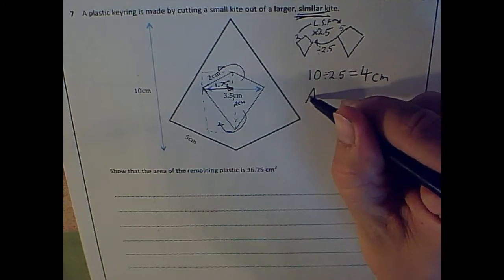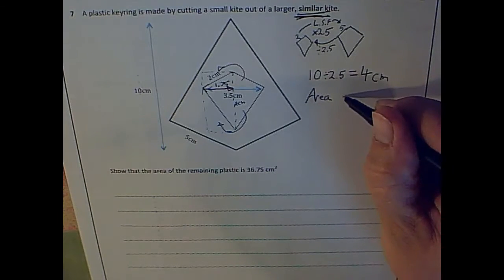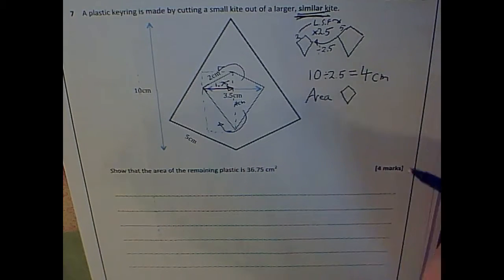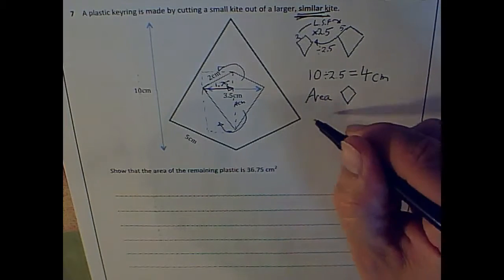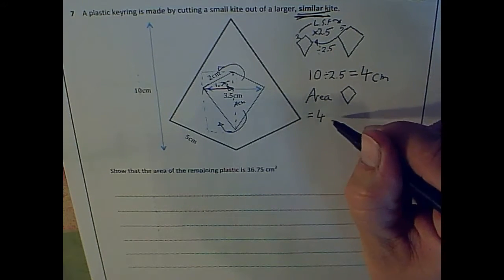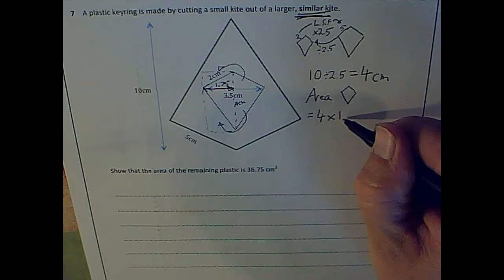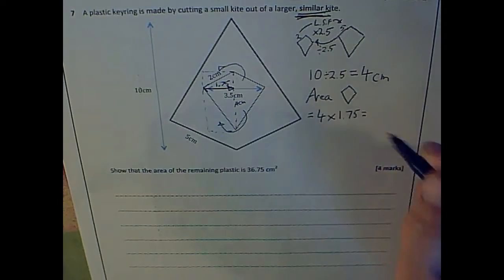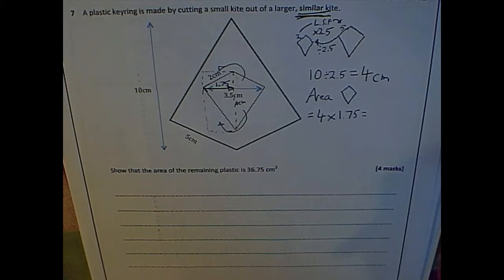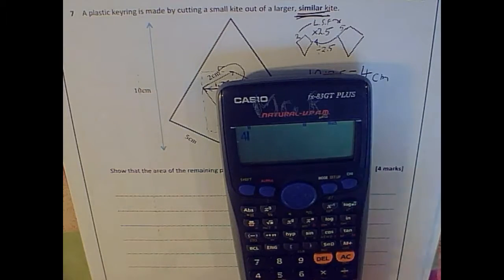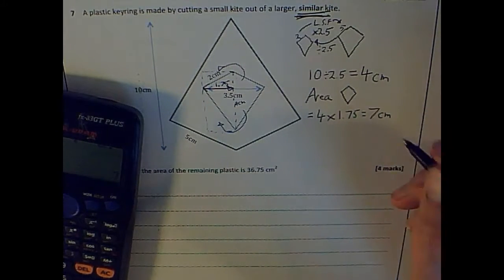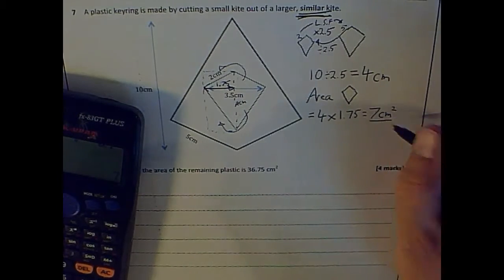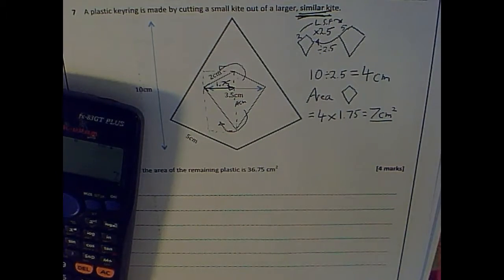So the area of the smaller kite is equal to 4 times 1.75. You'd be able to do this without a calculator, but you have a calculator, so let's use it. That's 7 centimeters squared. Be careful here. So that's the area of my smaller kite.